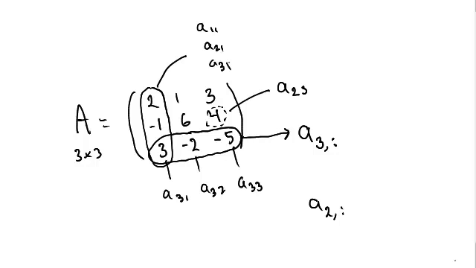And here we see that the first index loops over all possible values while the second index is fixed at 1. So I will use the notation A, colon, comma, 1 to denote the first column. Similarly, A, colon, comma, 2 is the second column, and A, colon, comma, 3 will be the third.